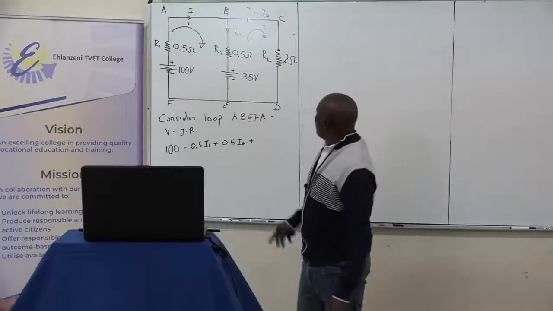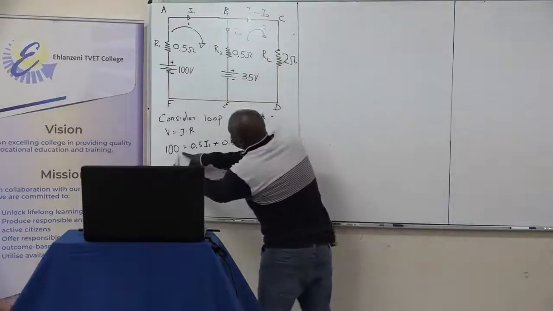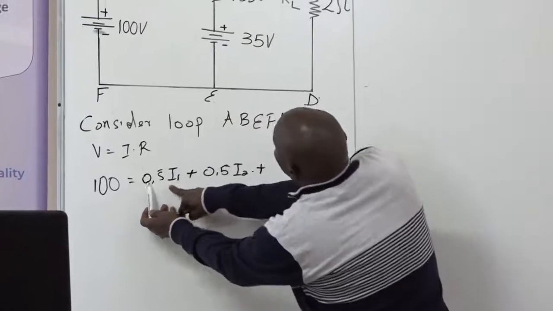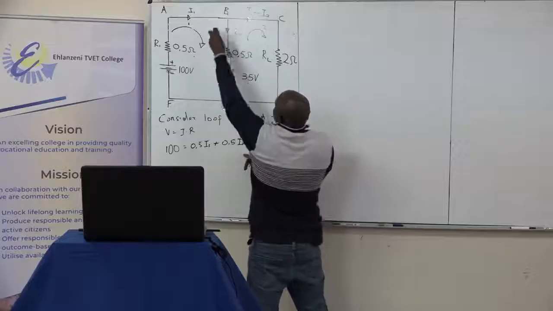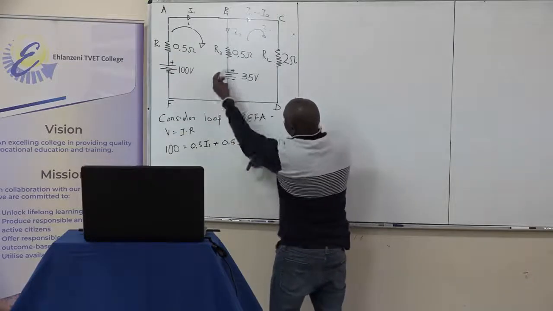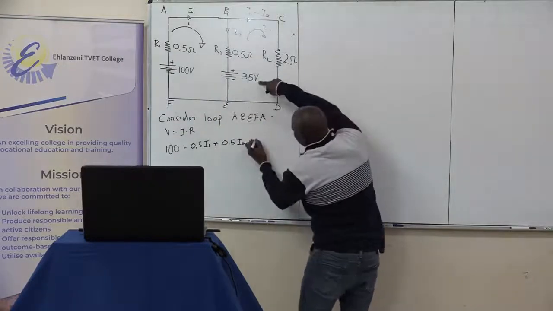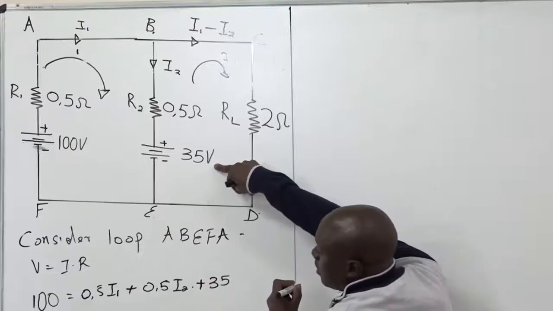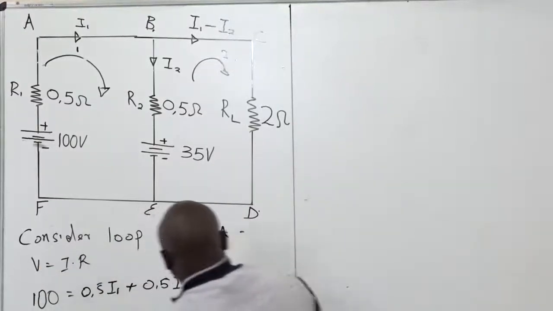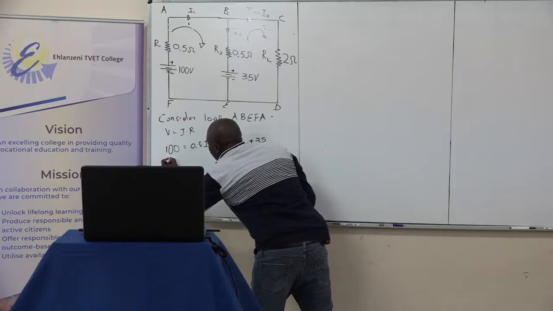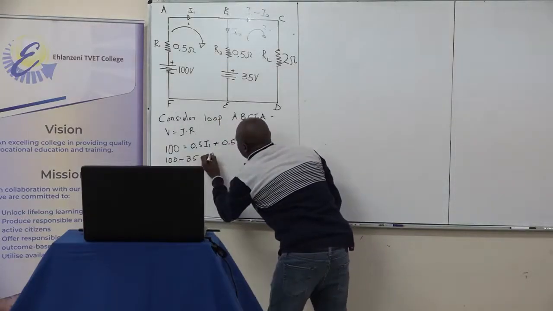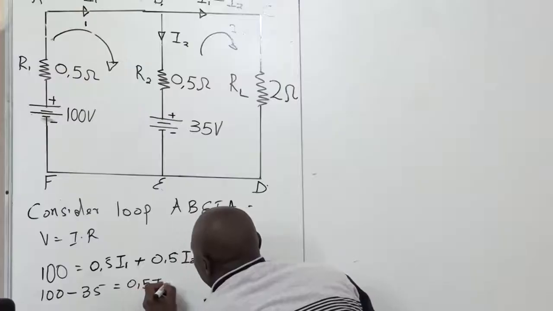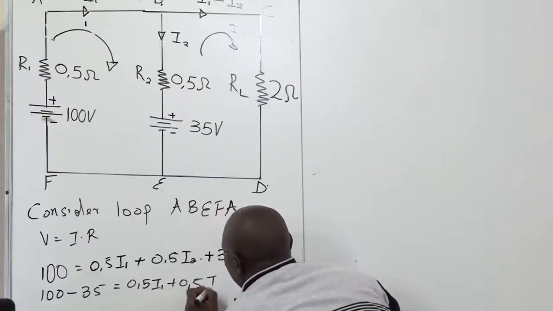So now, through our loop, I'm having a supply of 100 volts, which equals 0.5 I1 plus 0.5 I2 plus 35 volts. I need to group the like terms together, which is 100 minus 35 equals 0.5 I1 plus 0.5 I2.